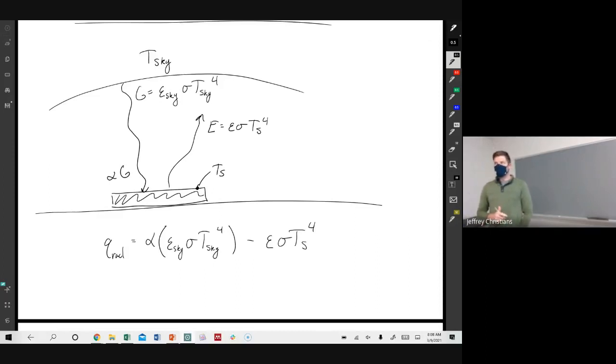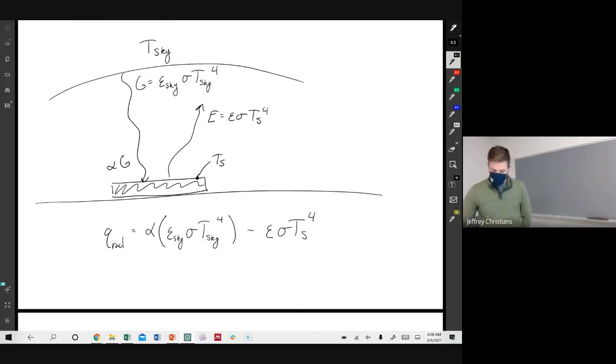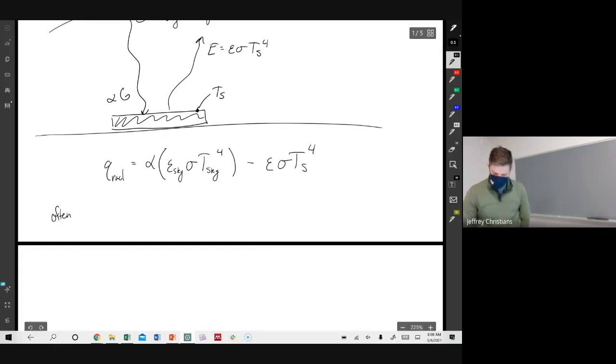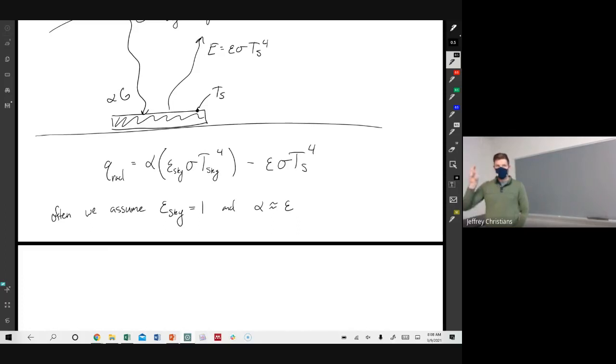Now, oftentimes our book will make a couple simplifications that make this equation a little bit more condensed. This is the equation that they will most commonly use. Often we assume that absorption and emission, because they're fundamentally related processes, have about the same absorptivity and emissivity.